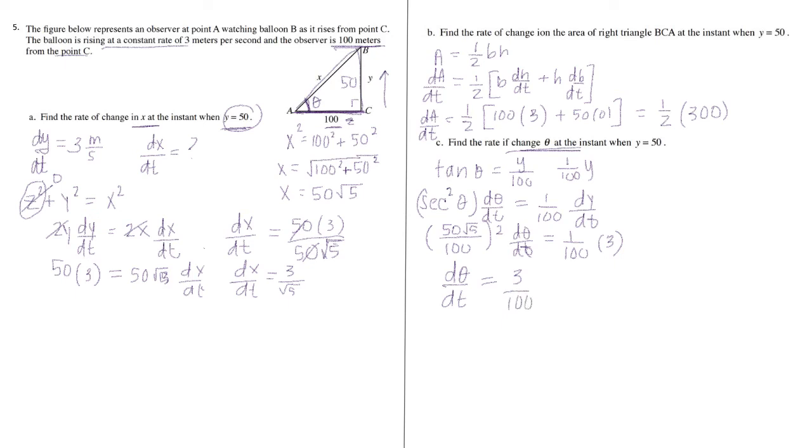And then if we divide all of that, then it's going to be 100 over 50 root 5, all squared. And you leave it just like that. As far as units for this, it's the rate of change of the angle. So this would be radians per, I would think, seconds. I think that's what the time value was.